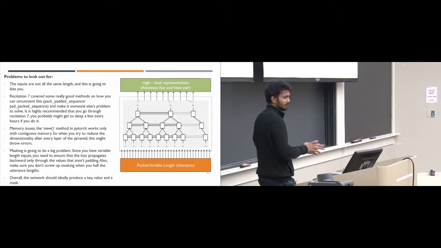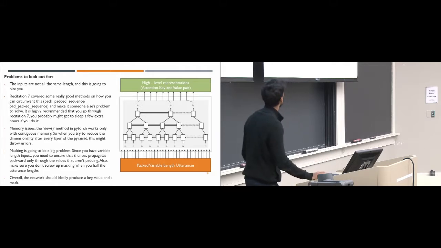So if you're trying to get it close, the view method doesn't really work with it. I think PyTorch throws an error, but if it doesn't, you might have to reassign that variable to a new memory location. It's a simple command called dot contiguous, and it takes care of itself. It's just that you should understand why that's happening.